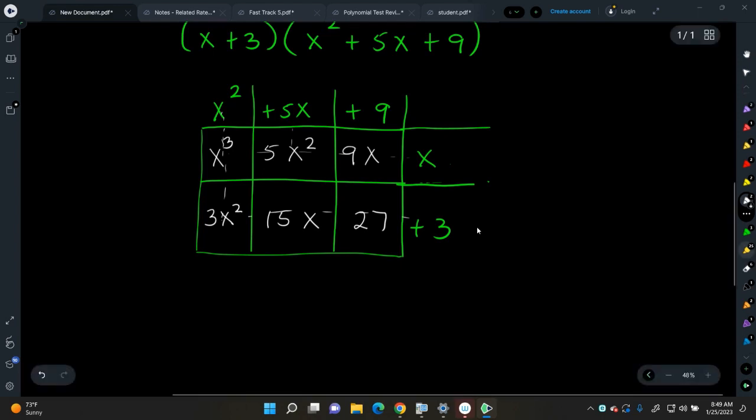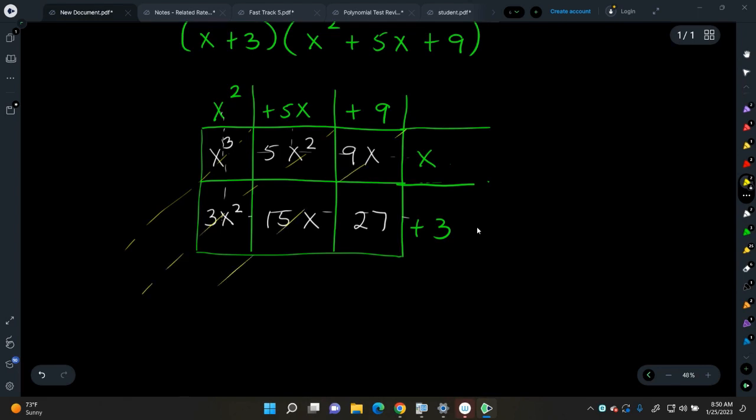Okay, now what we're going to do is look at the diagonals and combine our like terms from the diagonals. So on this diagonal, all I have is the x cubed. And on this diagonal, I have 5x squared plus 3x squared, which equals what? 8x squared.